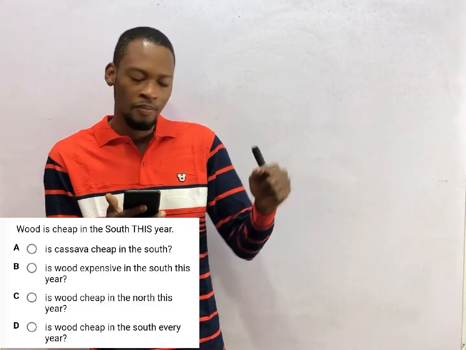So this is under emphatic stress. Emphatic stress is simple. Any word that is stressed should not repeat in the sentence. And every other word should remain. Don't change any other thing. For example, wood is cheap in the south this year.